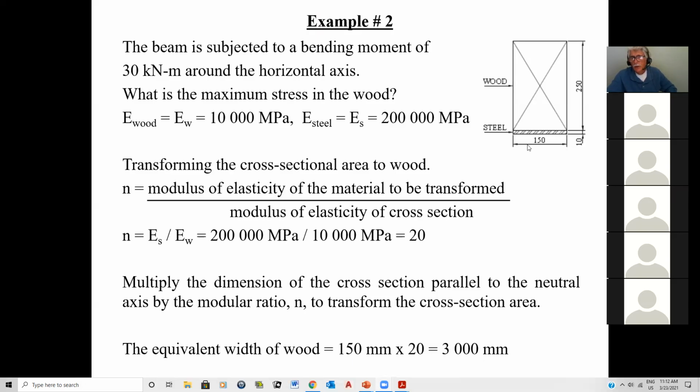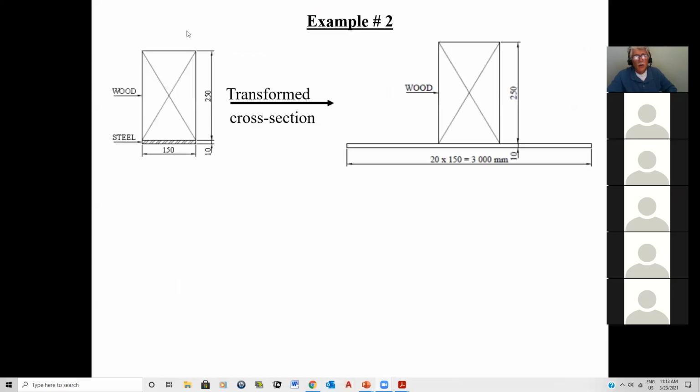The height doesn't change. You only change the dimension parallel to the axis about which you're calculating the section properties. So here this becomes 3,000. This stays 10. This stays 250. And this stays the same, 150 on top. I didn't put it here, but you have the 150.